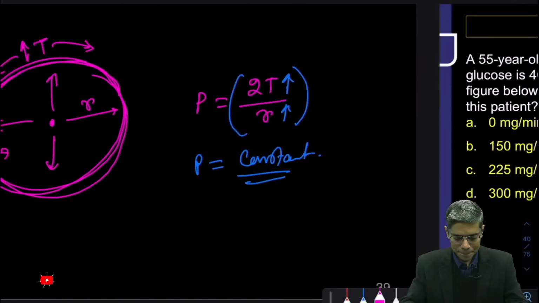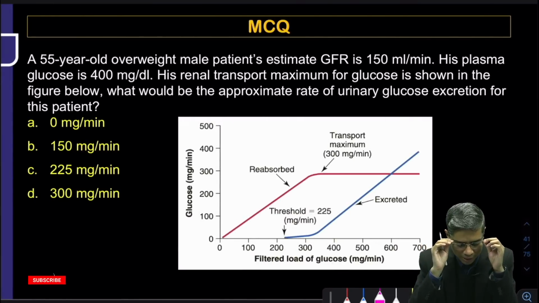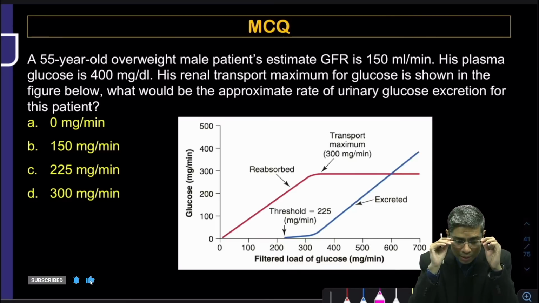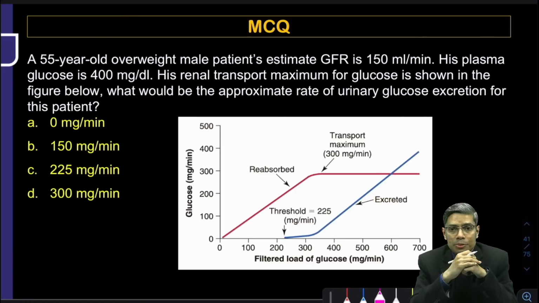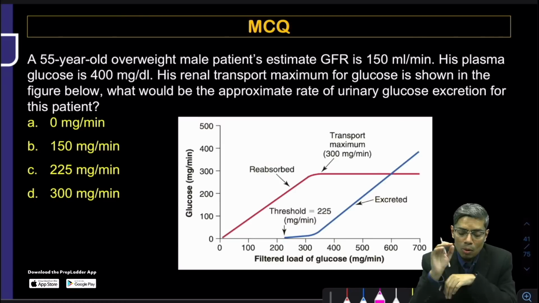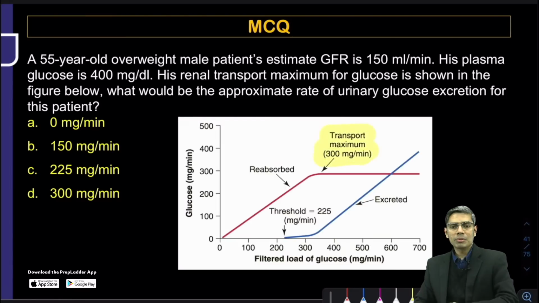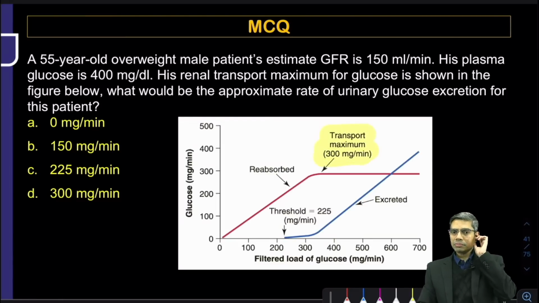Okay, chalo. Next question. Okay, so little difficult question, but I will say that this question can be given without this image also. Only one information you have to take from this image is this transport maximum, that is 300. Otherwise this question can be given without the image also.